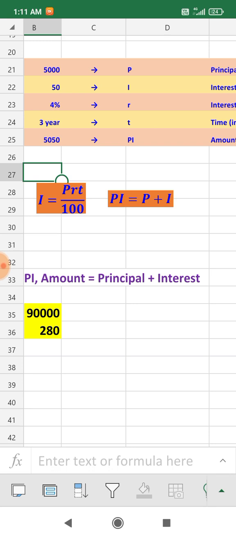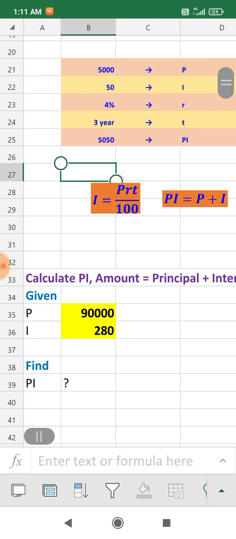This is simple interest, so the calculation is very simple. The problem is also very simple. You just have to do the multiplication and division correctly.